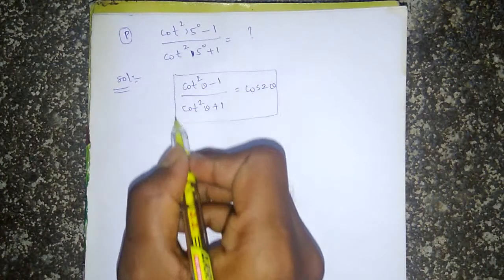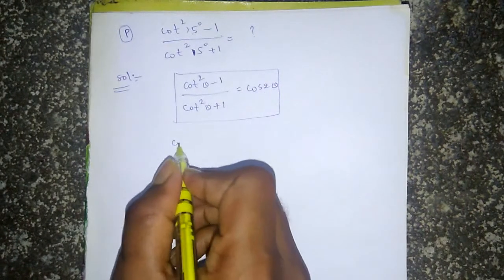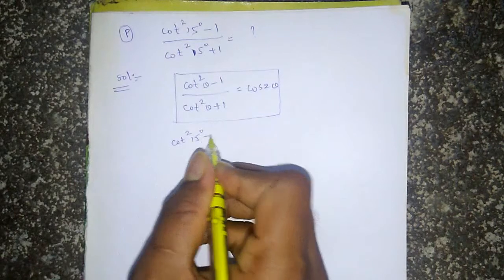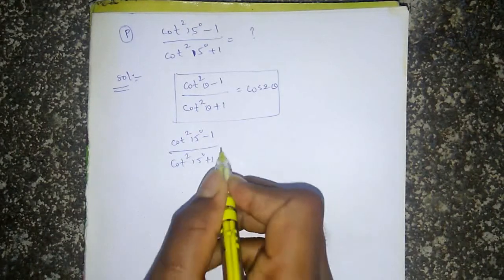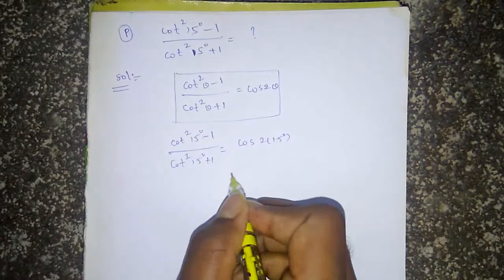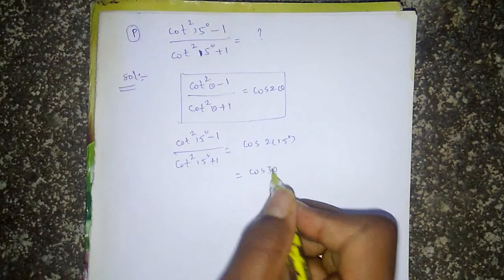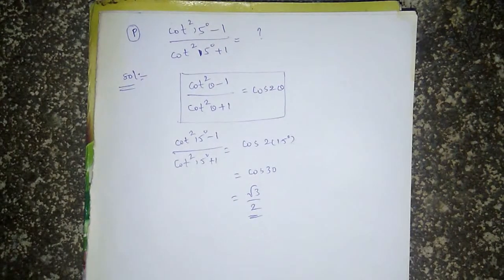So here in place of theta we have 15 degrees, so substitute. So it will be cot square 15 minus 1 by cot square 15 plus 1 is equal to cos of 2 into 15 degrees, that is cos 30 degrees. Cos 30 degrees is equal to root 3 by 2.